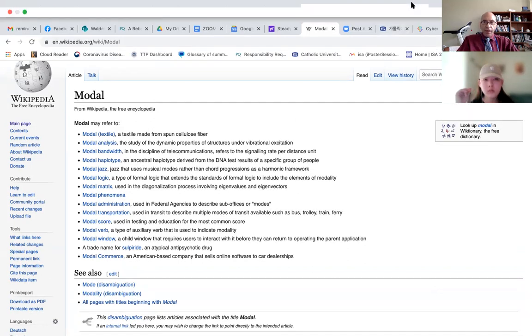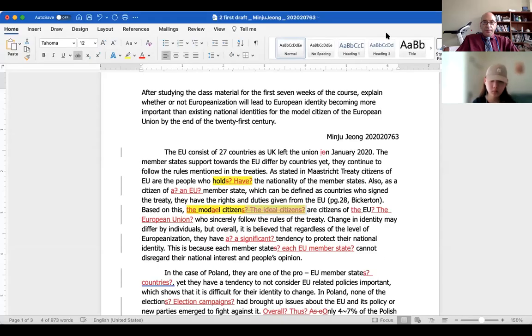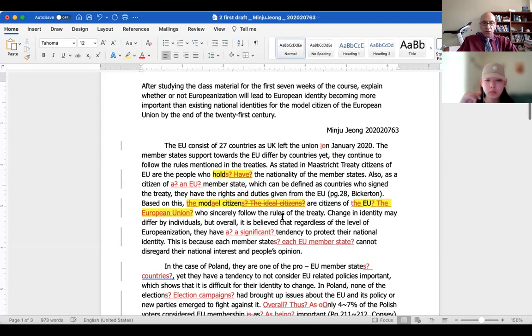So, but there's not too much time we have here left, so I want to go back to the paper. Okay, so, and the of the EU or the European Union, again, I'll let you choose, and who sincerely follow the rules of the treaty.